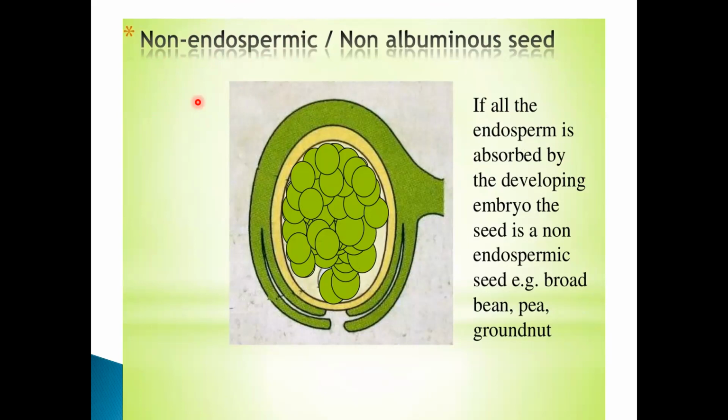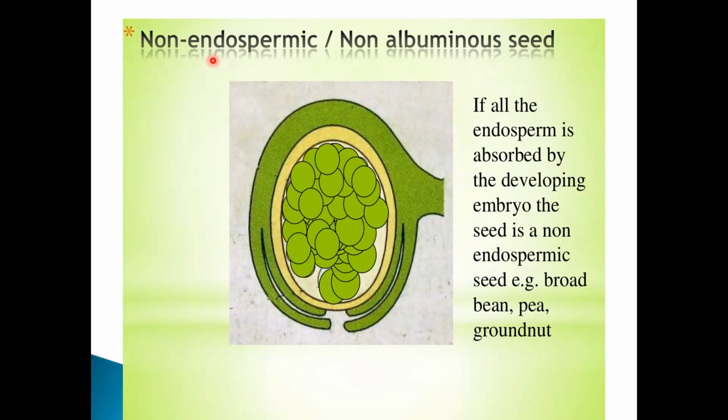You need to remember it in a very easy way. No endosperm. That's it. Non-endospermic means the seed which doesn't contain any endosperm. The seed which does not contain or does not have any endosperm is called a non-endospermic seed.